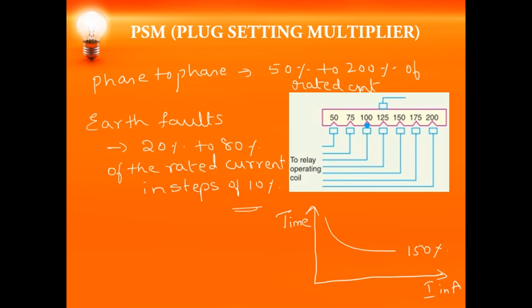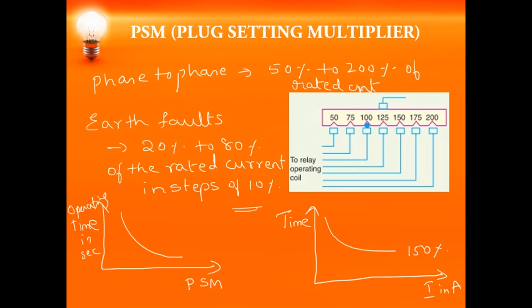Instead of plotting like this, what we can do is take the x-axis as PSM, the plug setting multiplier, and the y-axis as the operating time in seconds. So we can have a plot like this.